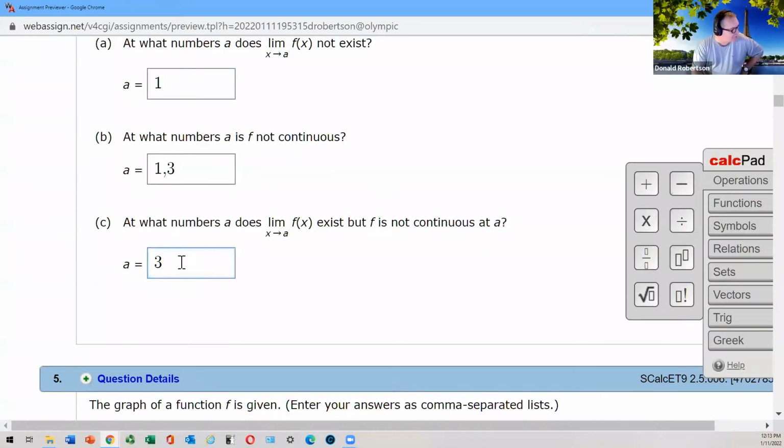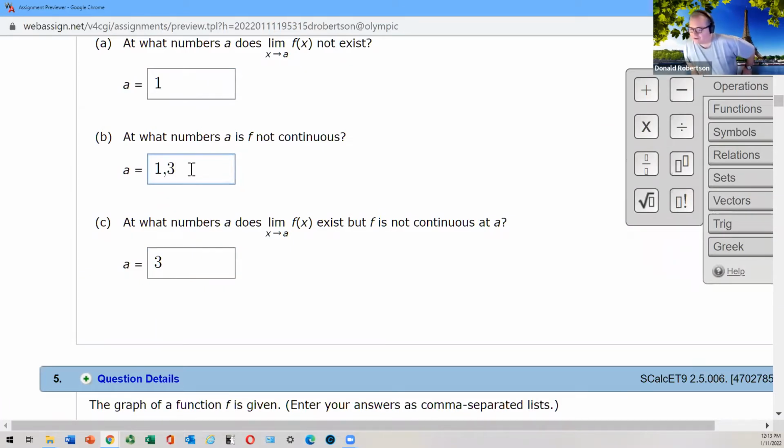This guy, the overall limit does exist, but both of them are not continuous. I think that's what they were thinking when they created that question, to try and get you to separate what an overall limit existing means and what discontinuity means, right? Because they're not exactly the same thing. You can be one without being the other, right?